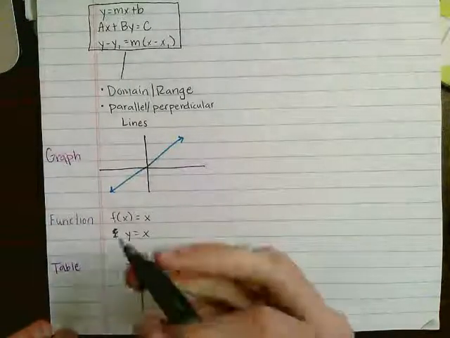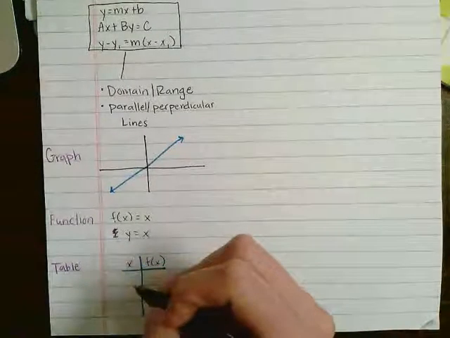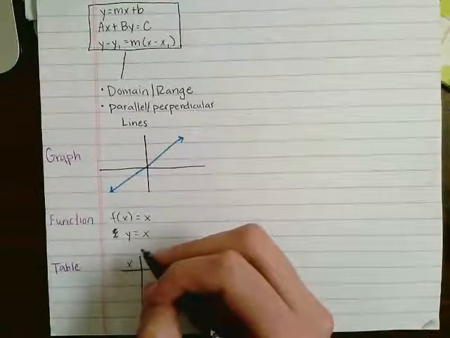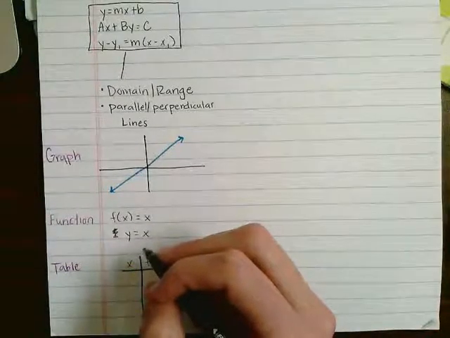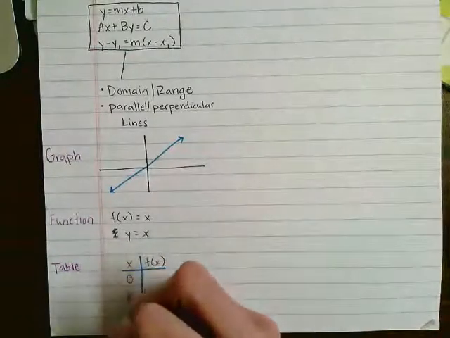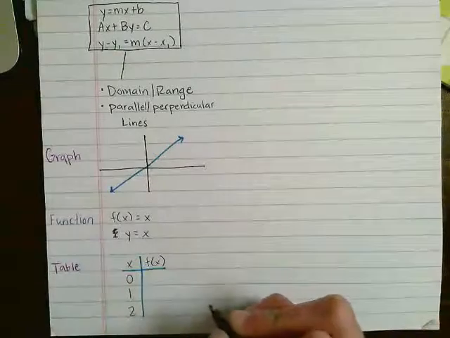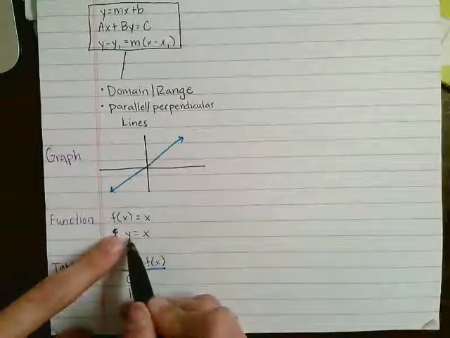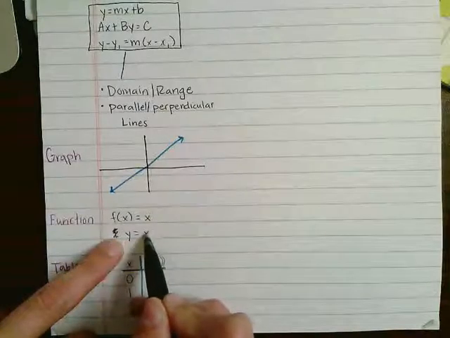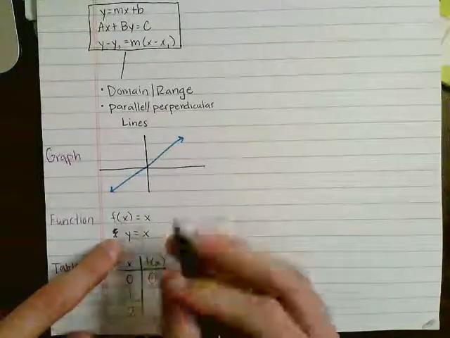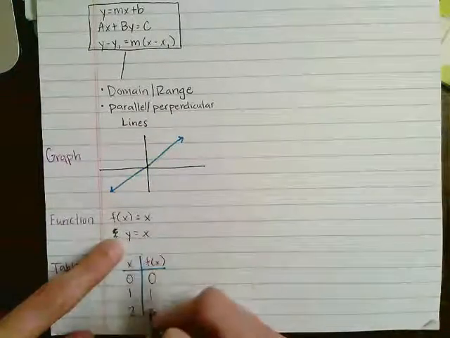When you're doing this, and if you do not know what it looks like, you can always create an input-output table. Just create some x values and you can plug it in. Y equals 0, y is also going to equal 0, y is going to also equal 1, y is also going to equal 2.